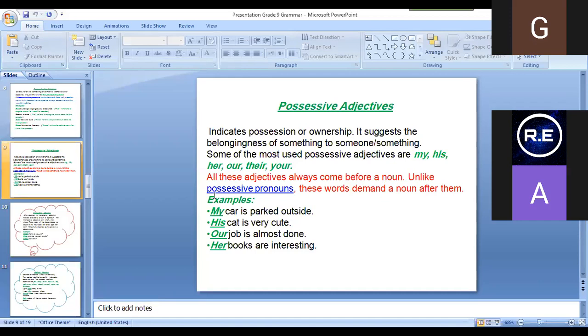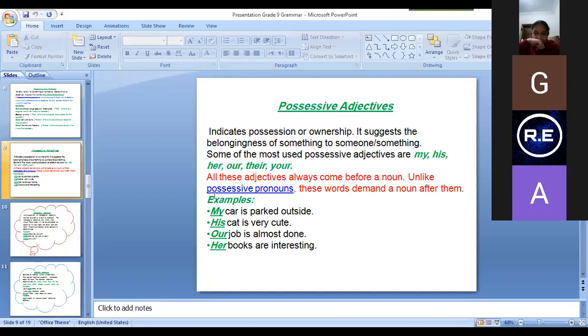So it indicates position or ownership. It suggests the belonging of something to someone or something else, like my car, his cat, our job, her books, his disease, her infection, my book, our corona, yes? Coronavirus. Okay.